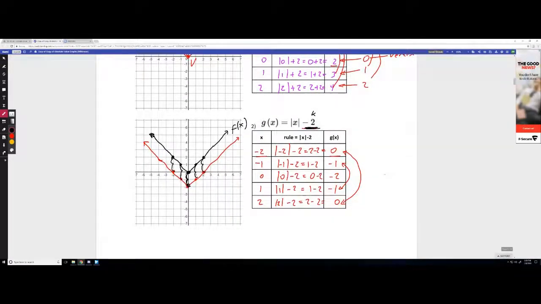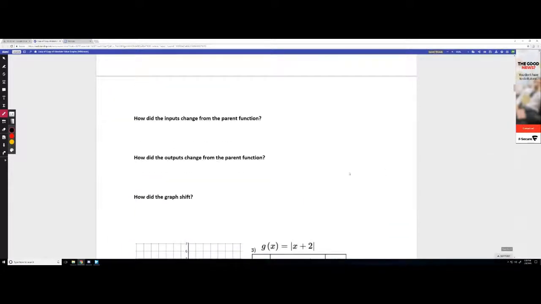All right, so let's take a look at some other examples. Let's see, how did the inputs change from the parent function? So let's say if g of x equaled the absolute value of x plus some value k, then the outputs increased, right?